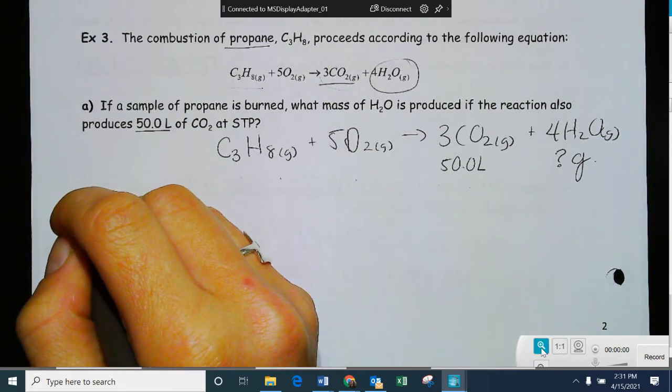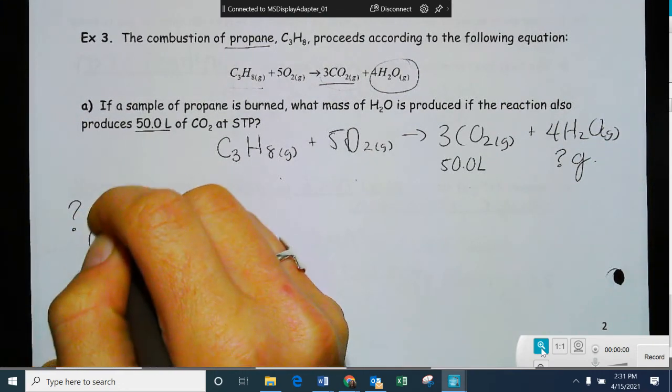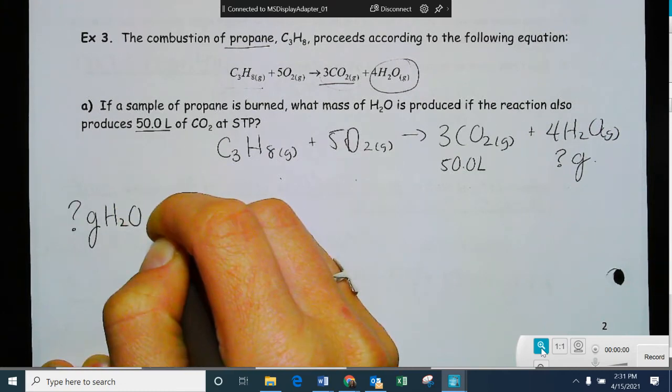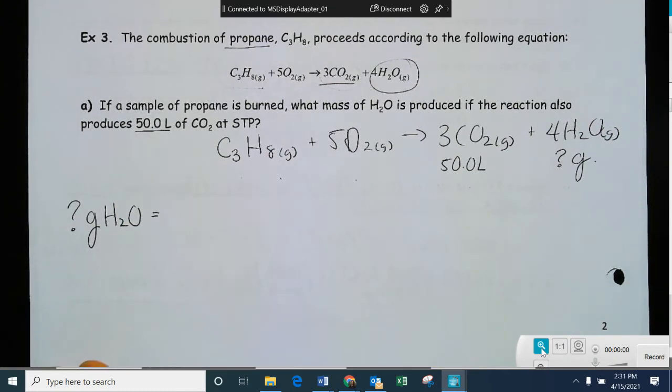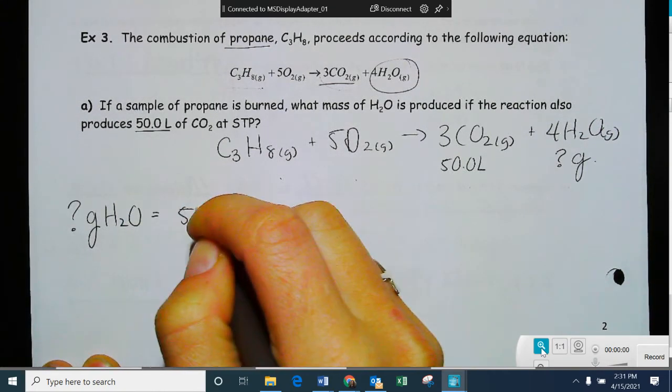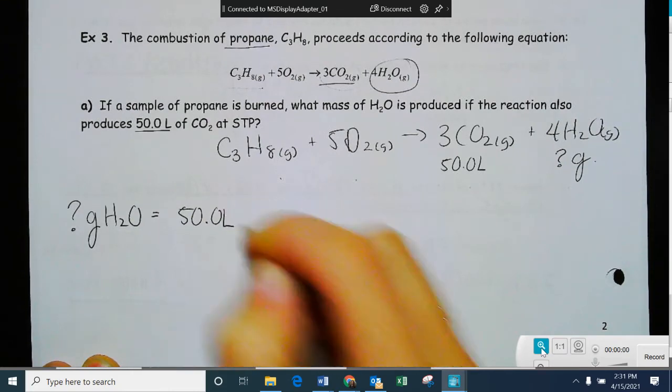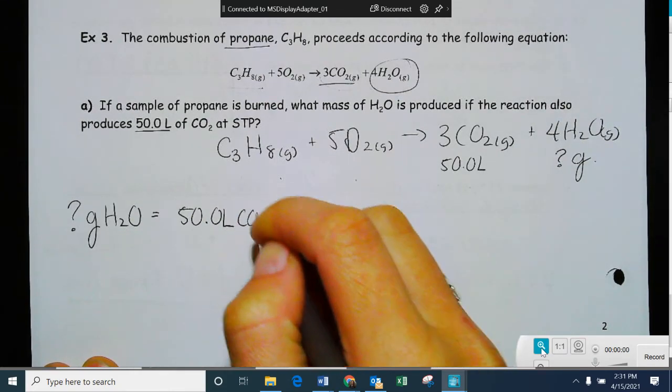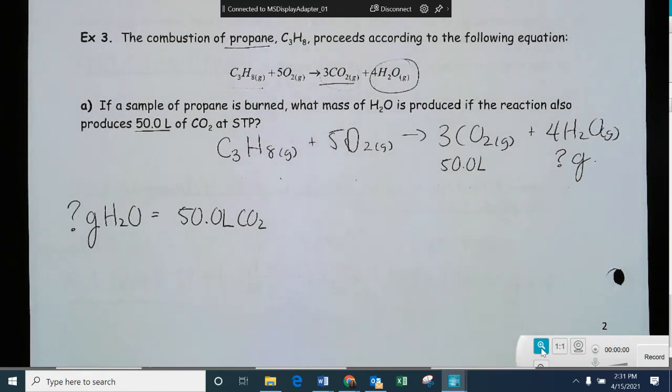If we want to know grams of H2O, we're going to start with our known, which is 50.0 liters of CO2 at STP. Okay, now we're going to have to take our brains and turn them back like 2 units.